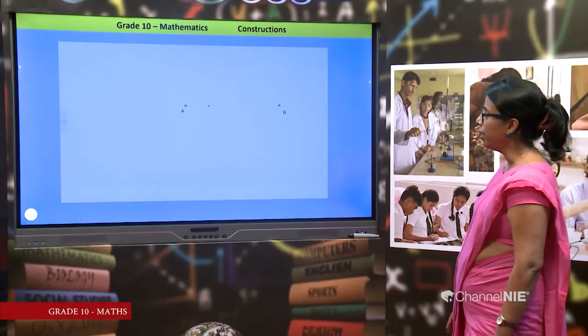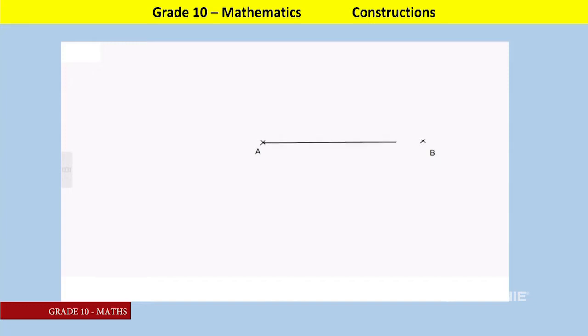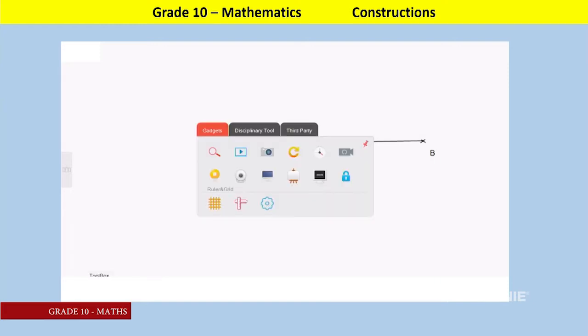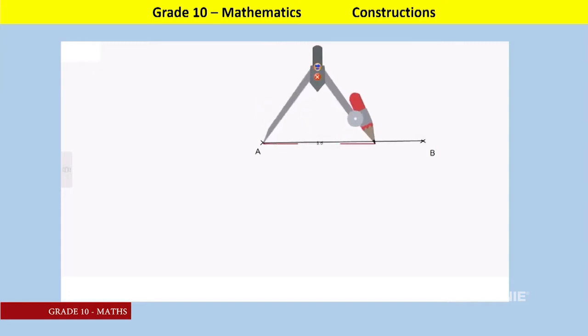You have to work with me. Mark 2 points as A and B. Just as earlier, join A and B. Now, take the pair of compasses. Keep the steel point on A. You can take a radius more than half of AB.